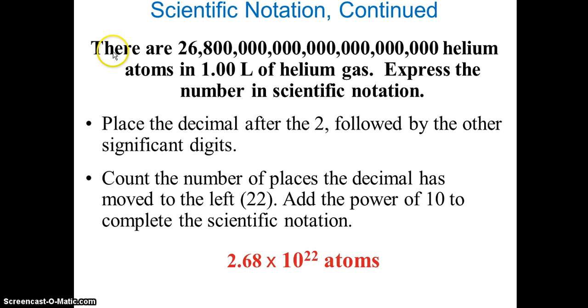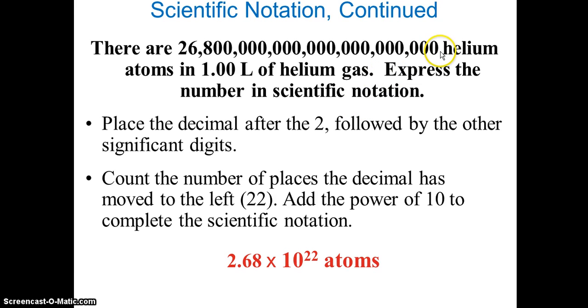Let's take an example. There are about 2.68 times 10 to the 22 helium atoms in 1.00 liter of helium gas. Now we need to express this number in scientific notation.